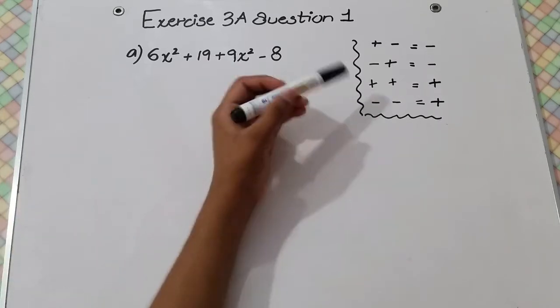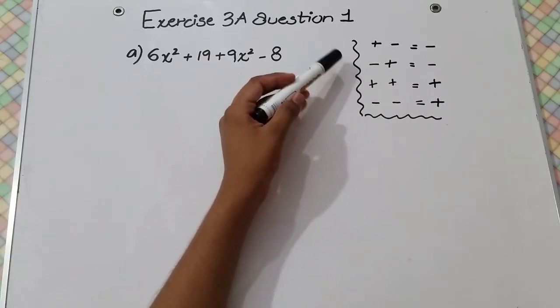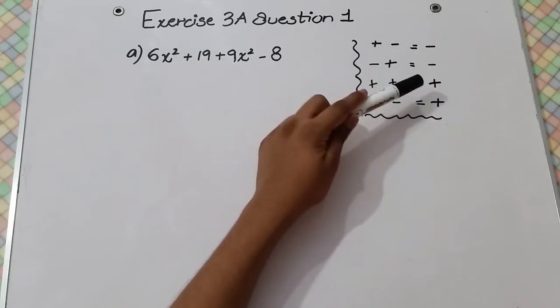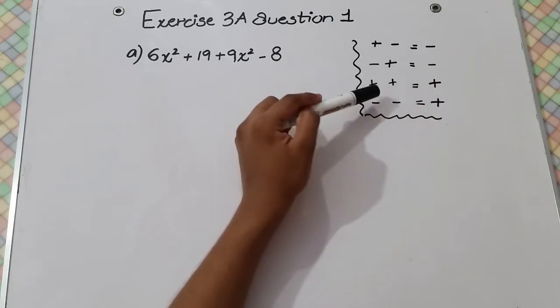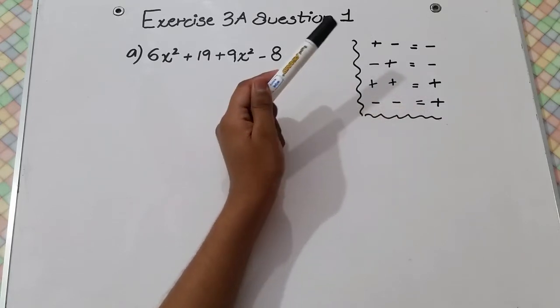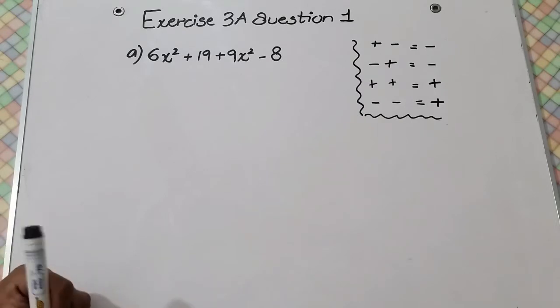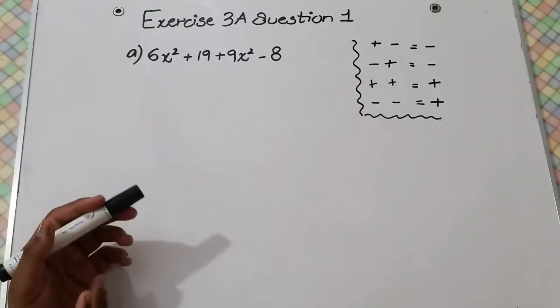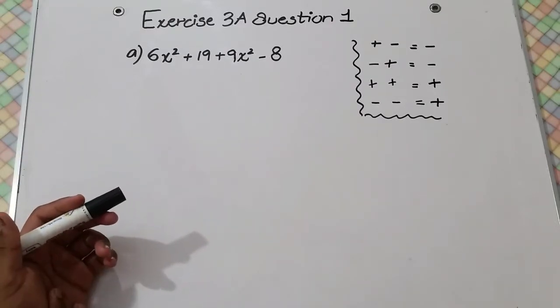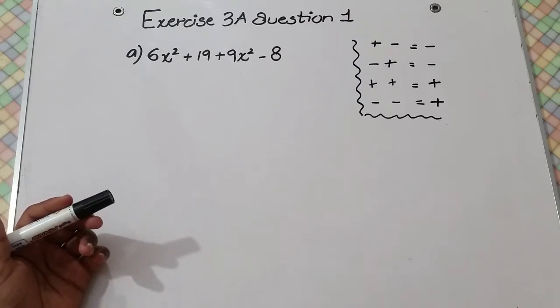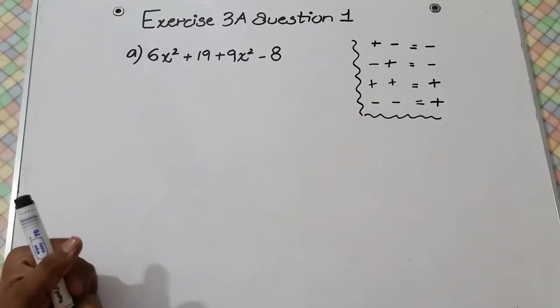So we need to just memorize these terminologies. Like we are having plus minus is minus, minus plus is minus, plus plus is plus, and minus minus is plus. So we just need to memorize this. It will help a lot when we are solving integers and decimals, algebraic expressions, or quadratic equations or quadratic formulas. That will be a higher level.